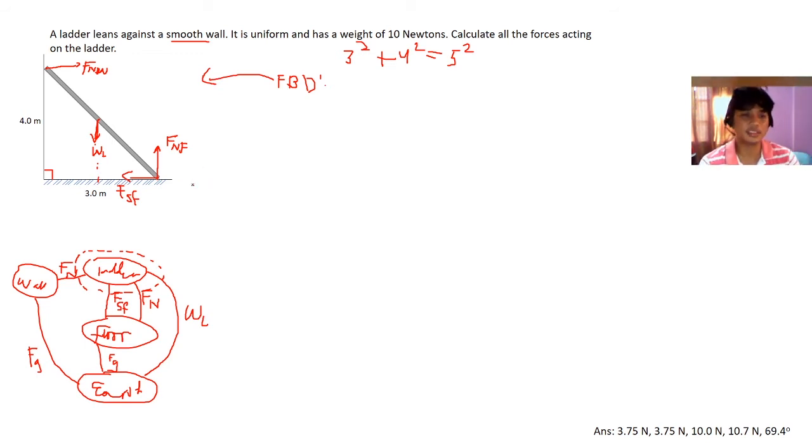But since this problem is an equilibrium problem, there must be a force countering that motion, and that force happens to be the static friction force. I think those are the only forces, 1, 2, 3, and 4. Calculate all the forces acting on the ladder.